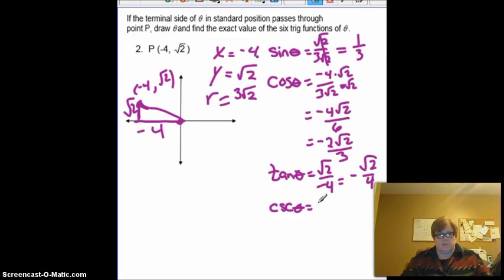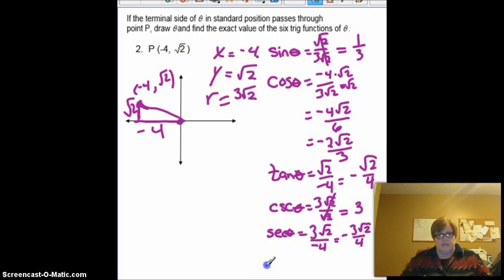We'd write 3 square roots of 2 over 2 square root of 2, which again, square root of 2 divided by square root of 2 is 1, and we end up with 3. Then secant theta will be the reciprocal of cosine, so we'd have 3 square root of 2 over -4, or simply -3 square root of 2 over 4.